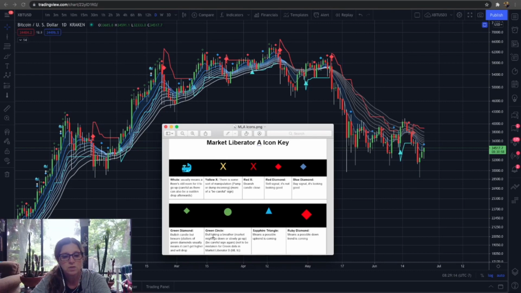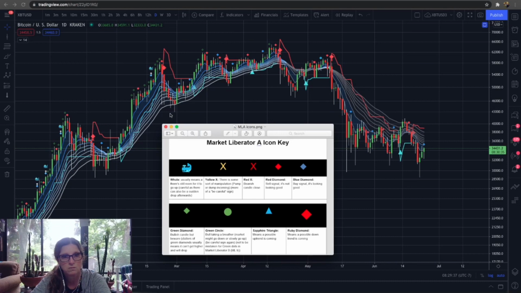Let's see. So this green circle means that the bulls are taking a breather, that the market might go down or slowly go up. It's basically a be careful sign. Now, I did see one of those.